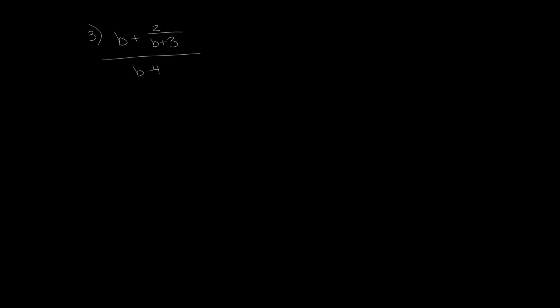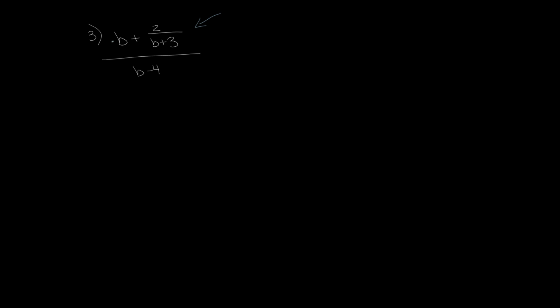Number 3, I have b plus 2 over b plus 3, all over b minus 4. So we have a lot of fractions. I have a mixed number over a binomial. So what I need to do is change this mixed number into one rational expression. To do that, I need to get a common denominator, which would be the b plus 3, because it's the only denominator I have.